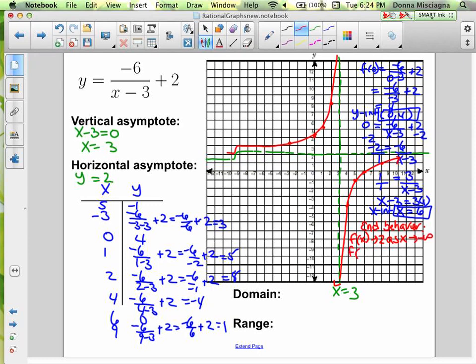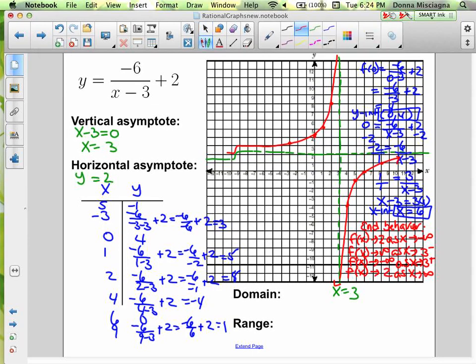It approaches positive infinity as x approaches the vertical asymptote, which is 3, from the left-hand side. The function approaches negative infinity as x approaches 3 from the right-hand side. And then the function is going to approach, of course, the asymptote as x approaches infinity.